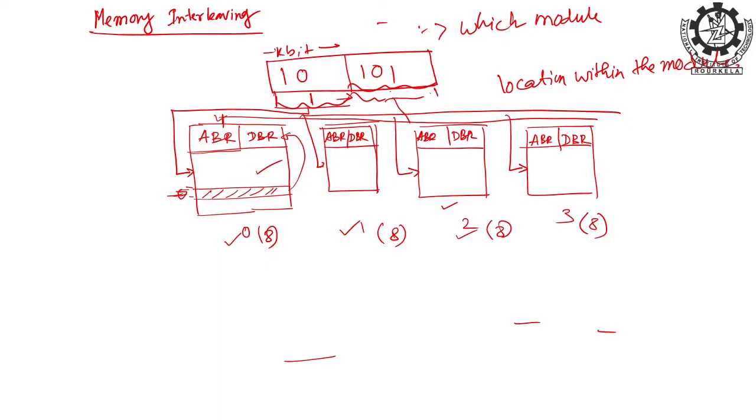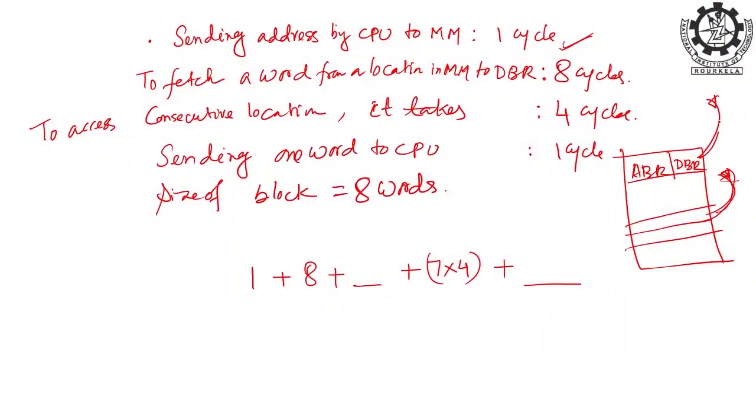For that it will take one cycle, as I said, and once you identify the location, the first word will take 8 cycles, and after placing the data here, it will be transferred to CPU. For that it will take one cycle, and next consecutive locations within the module will take 4 cycles. This is the problem.